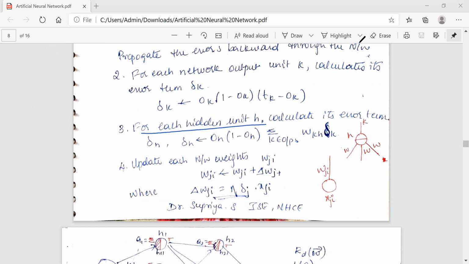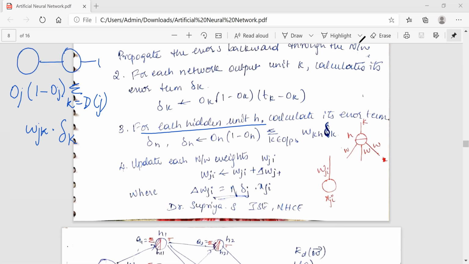If you remember, in the previous derivation, we got OJ into 1 minus OJ, summation over K in downstream of J, W JK into delta K, because this is for the hidden neuron, but we again have the output neuron with respect to ED.